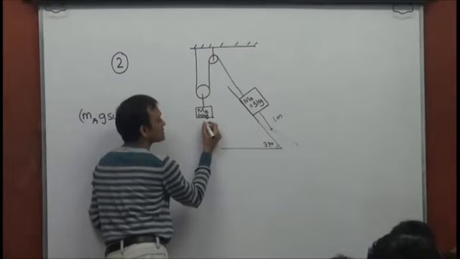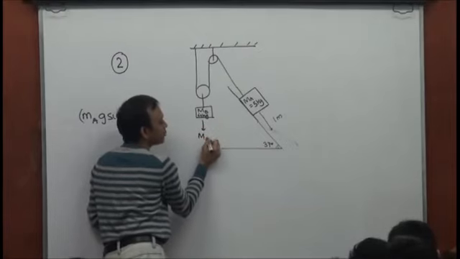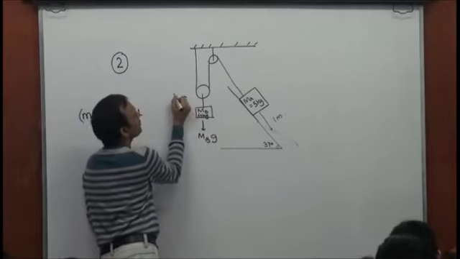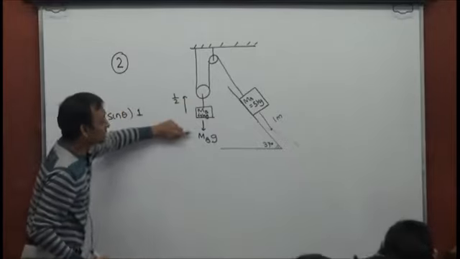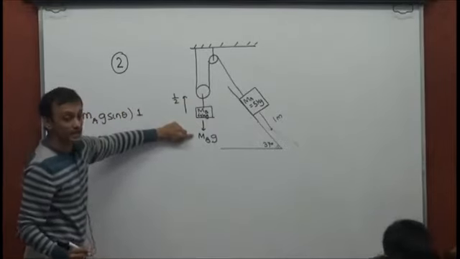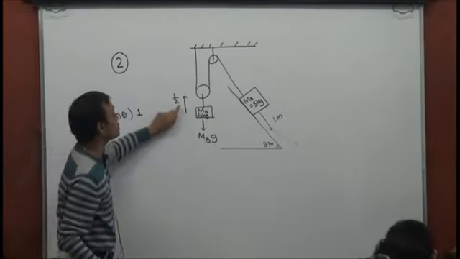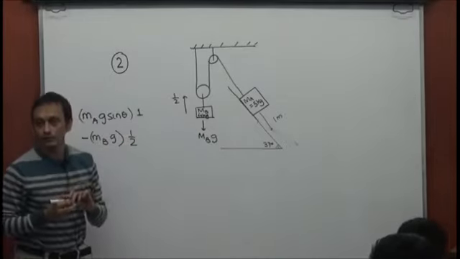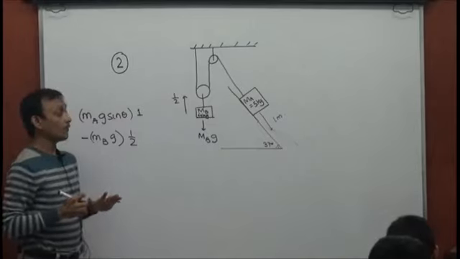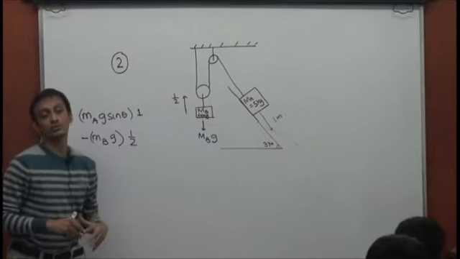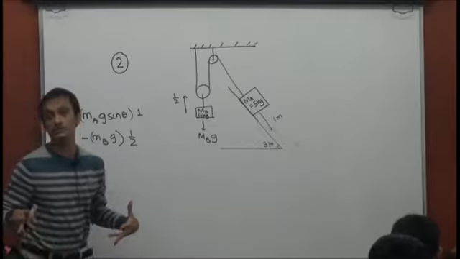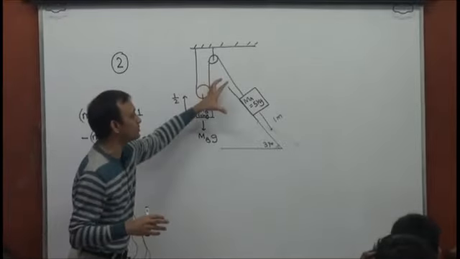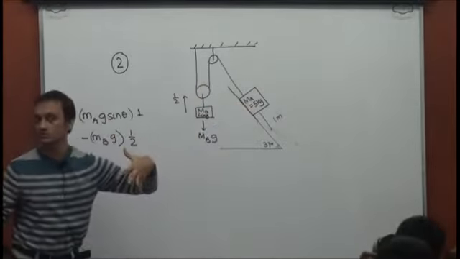As far as this mass is concerned, m_b g acts downwards and it's moved up by half a meter. Work done by gravity here is going to be negative: minus m_b g into half, right? That's the sum total of the work done by various forces acting on the system comprising the two pulleys, the string and the mass.